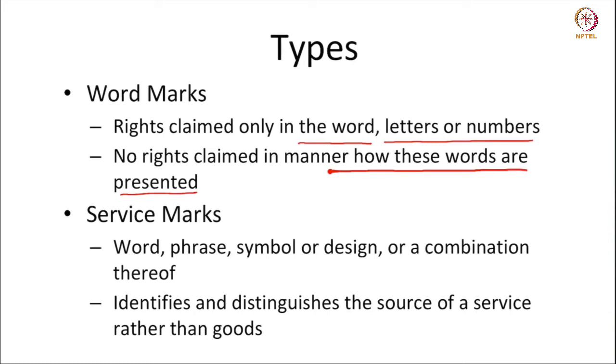Service marks are a word, phrase, symbol, or design or combination of any of these, and they are used to identify and distinguish the source of a service rather than goods. So goods marks are used for recognizing goods, whereas service marks are used to recognize the source of the service.